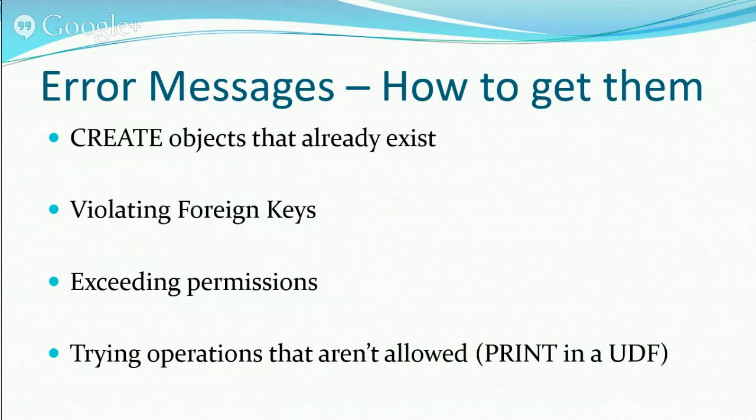They occur when you're trying to create an object that already exists, or drop something that doesn't exist, or break a foreign key somewhere, try to insert, update, or clear out data in a way that violates a foreign key or a primary key if you're duplicating stuff. If you try to exceed your permissions, if your database user does not have execute permissions and you try to do it, then you'll get an error message.